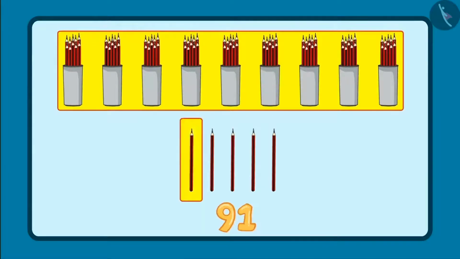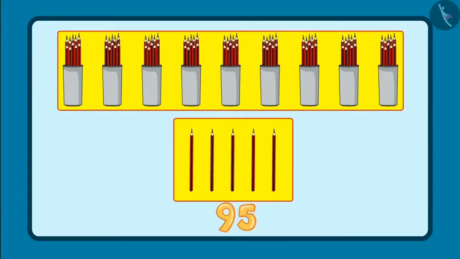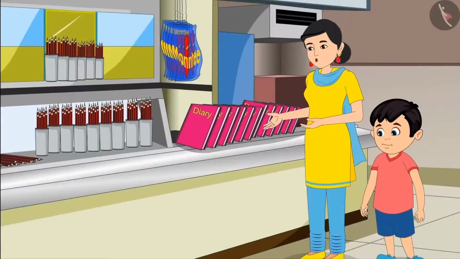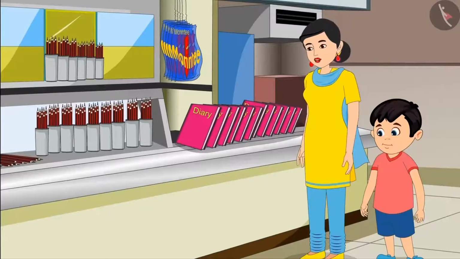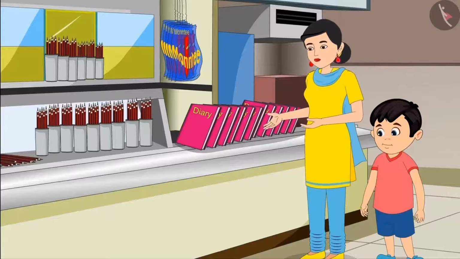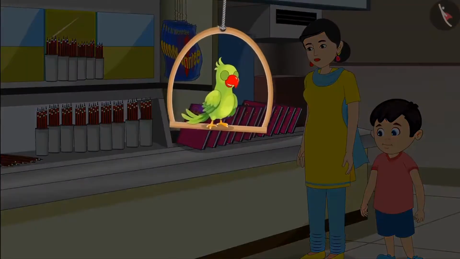So that is 91, 92, 93, 94, 95. Yes, Chotu. You are absolutely right. But if there were only loose pencils, then it would have taken a long time. That's why here the pencils are also kept in bundles of 10.